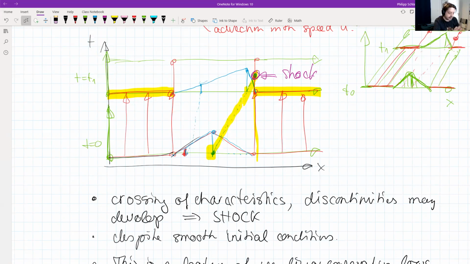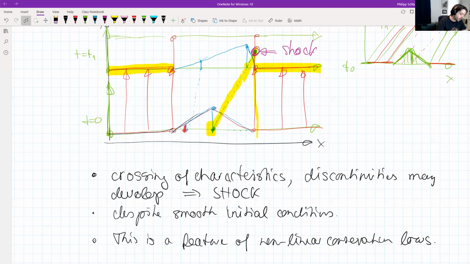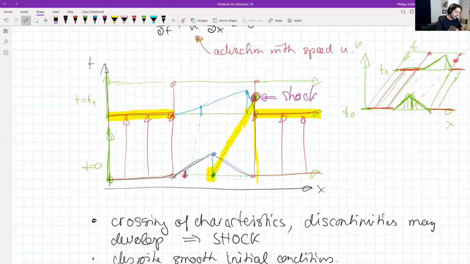So we need methods that can deal with the fact that discontinuities appear. And we will see now a few methods that can do that. Also in homework number 4, you will solve yourself a case where you have a shock appearing, and then you will see how these methods work. Okay, so this example now served as an introduction of what the problem is.